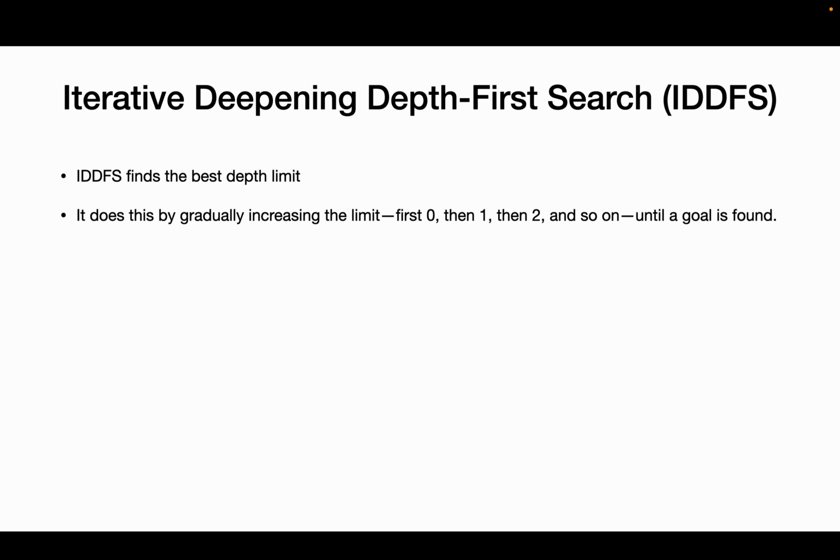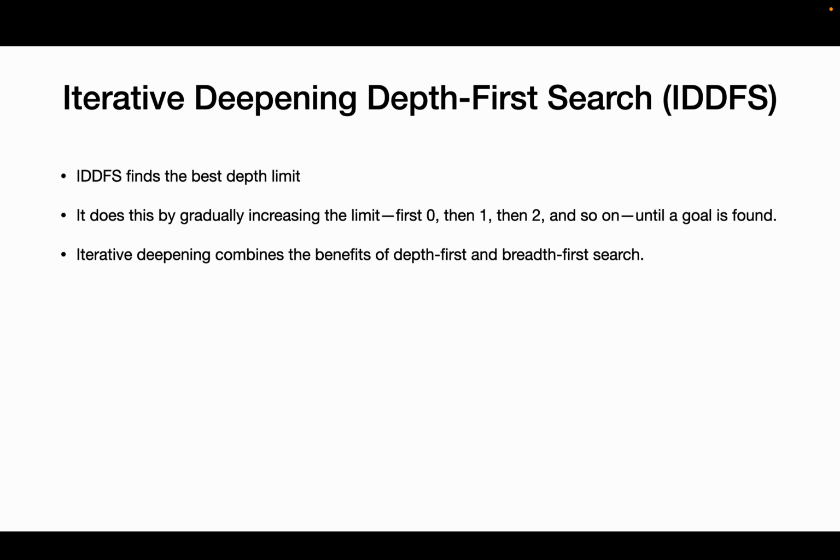First we will only have depth 0, and then we will increase to depth 1, depth 2, and so on until a goal node is found. But one of the main disadvantages, although it is not so big a disadvantage, is that there is a repetition. When we search nodes with various limits, we are passing through the same nodes multiple times. We'll see that with an example.